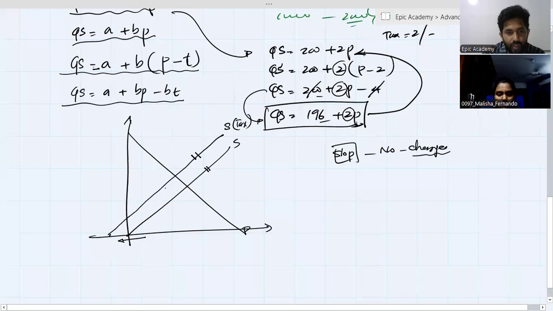If this is equilibrium position 1, what will happen to the market price after the taxes? It increases. What will happen to the exchanging amount of the commodities? It decreases. That is the effect of the tax.